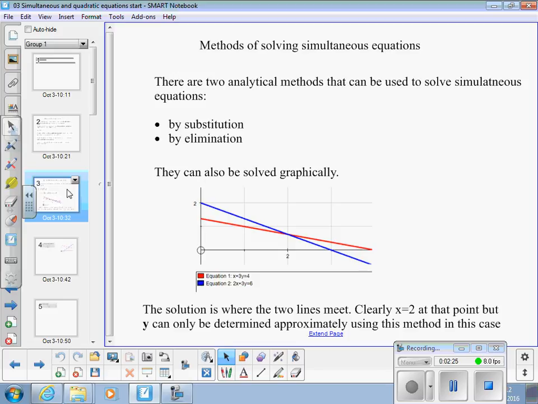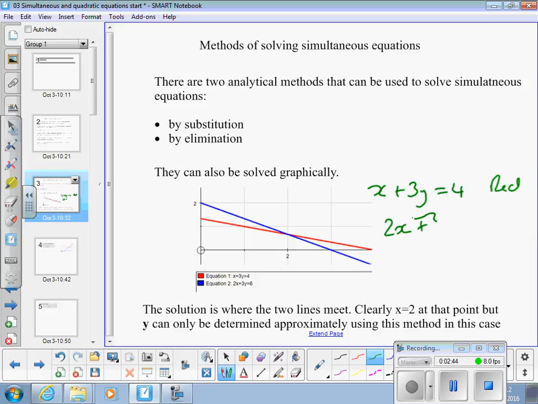Because the solution, if you graph two linear equations, and this is a graph of x plus 3y equals 4, that's the red one, and the blue one is a graph of 2x plus 3y equals 6. The solution to that is where the two lines cross.